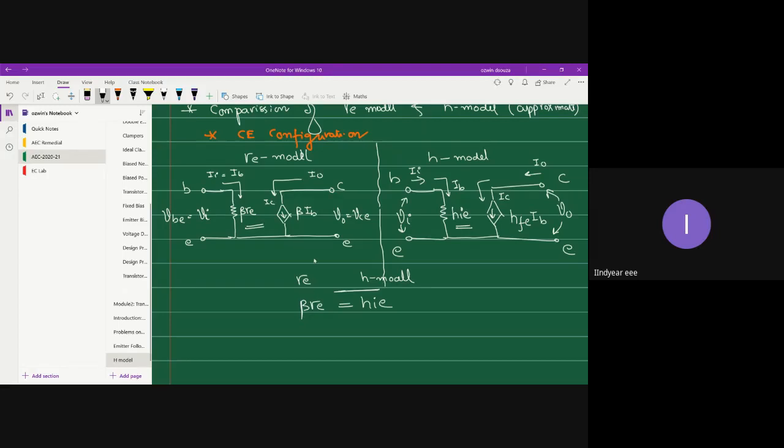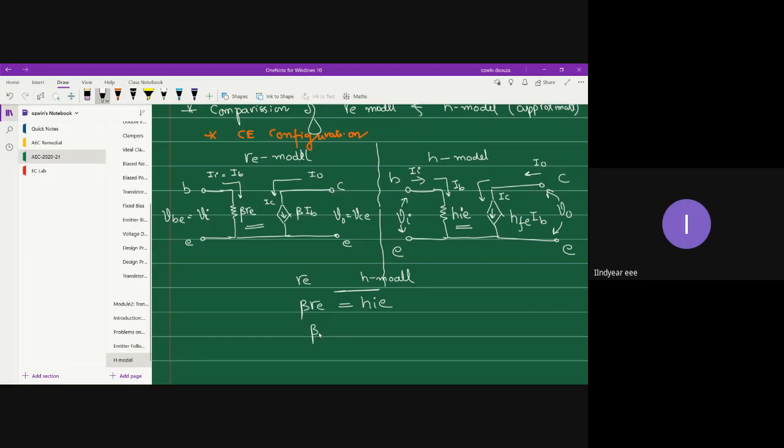On the output side, you have beta IB, and for the h model on the output side, you have hfe IB. So IB is common. Only beta and hfe are different representations.